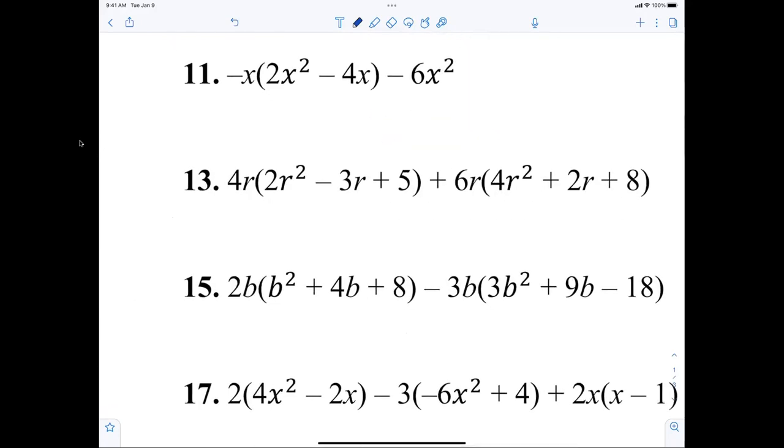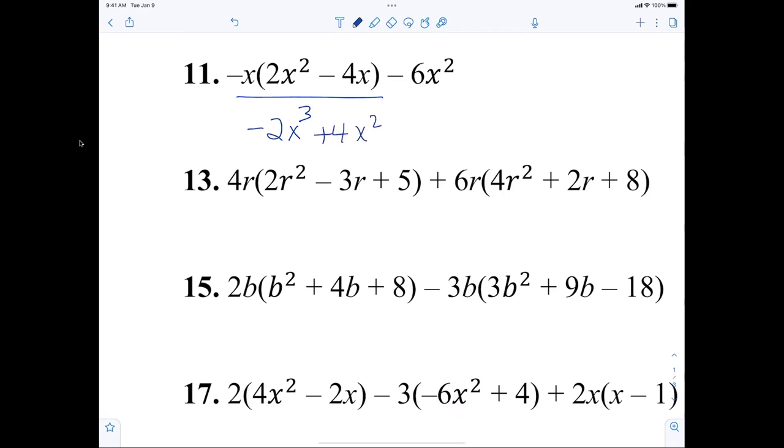Start it out step by step. Multiply that. Would just be negative two x cubed, and then 4 plus 4 x to the second.